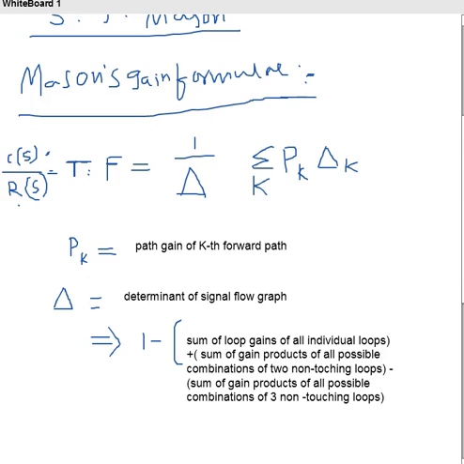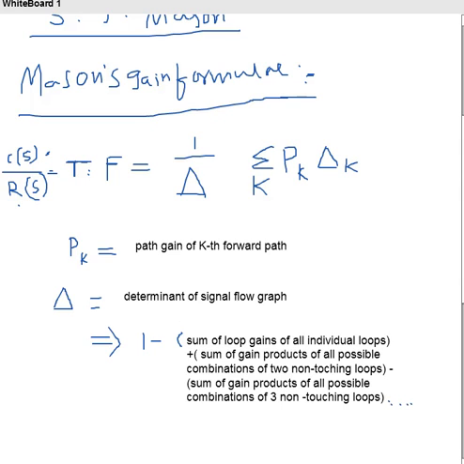So this is the formula we can use to calculate it. So 1 minus the sum of loop gains of all individual loops plus the sum of gain products of all possible combinations of two non-touching loops, then minus, and like that it continues so on.